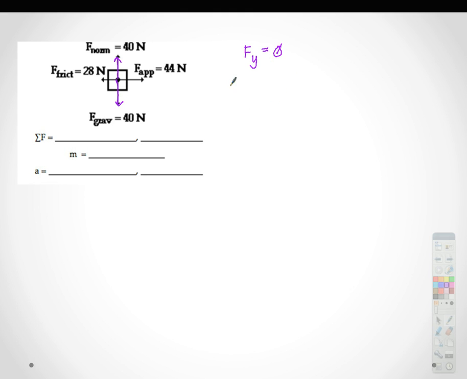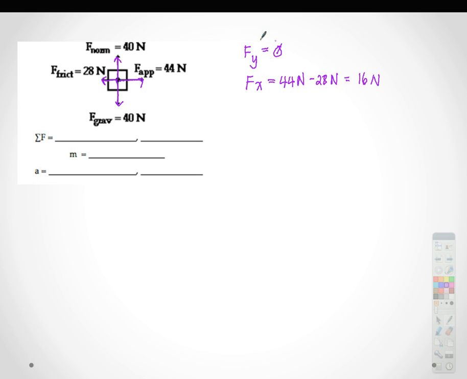Now let us check the x-axis. For the x-axis, we have one going to the right, that is 44 newtons, and then one going to the left, which is 28 newtons. So they are in opposite directions. Subtract them. Your answer is 16 newtons.